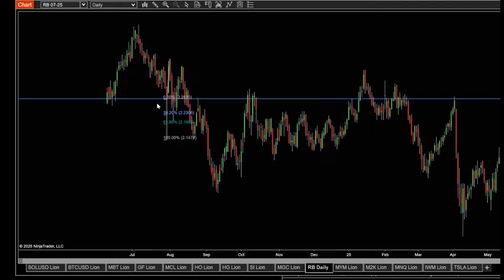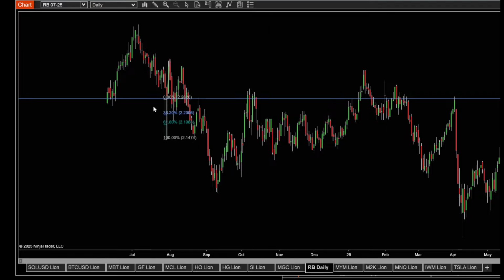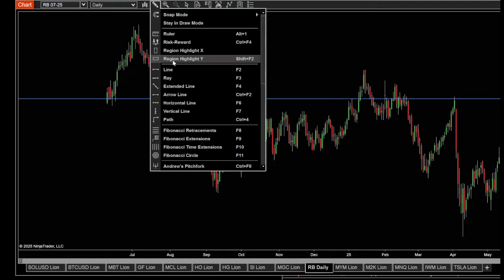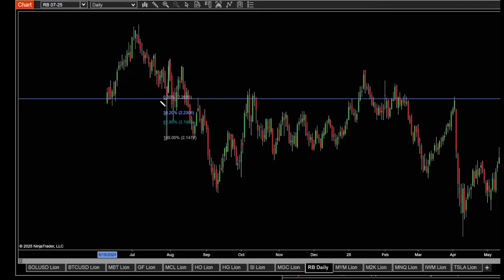This is giving me grief right now. Where is my ruler? Risk reward, ruler dollar, that's what I want. Oh, it's control 1, not control F1. What about a $5,700 move in a couple of, I don't know, a month?